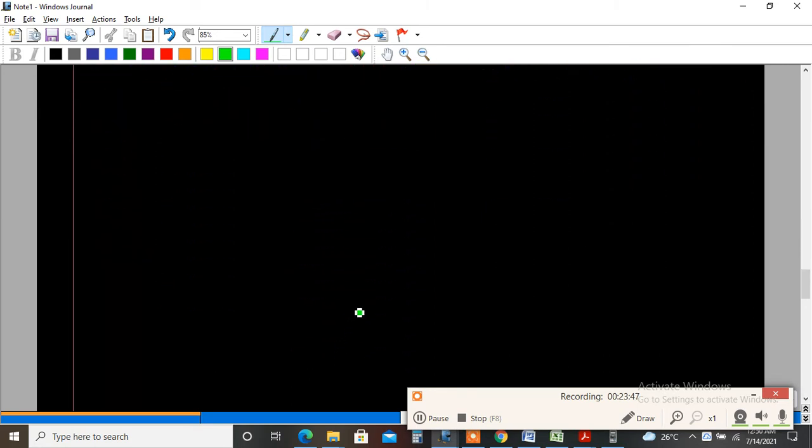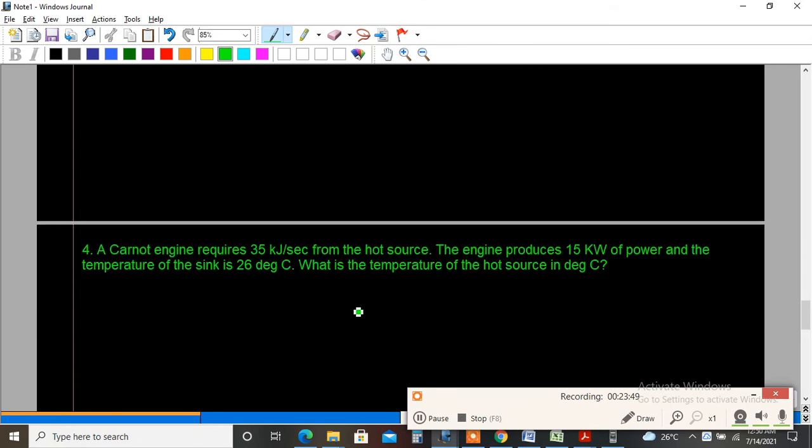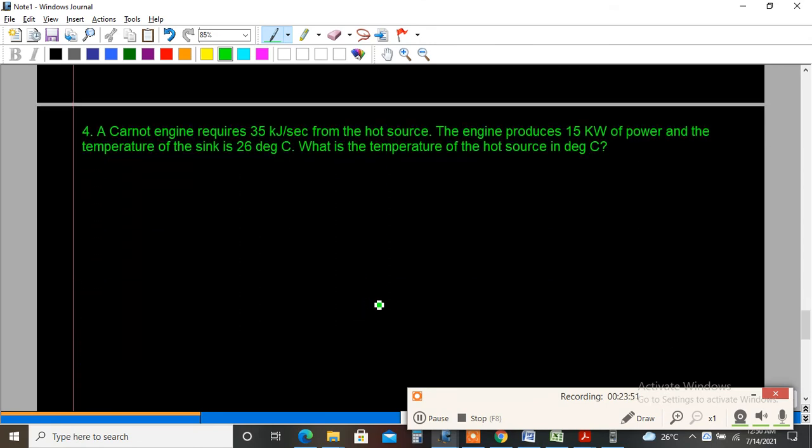Last problem for the Carnot cycle. A Carnot engine requires 35 kilojoules per second from the hot source. The engine produces 15 kilowatts of power, and the temperature of the sink is 26 degrees Celsius. What is the temperature of the hot source?